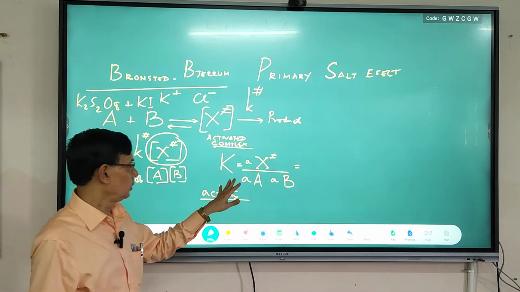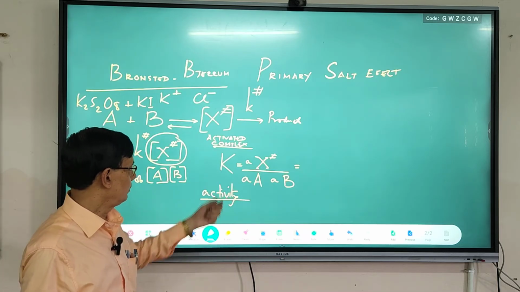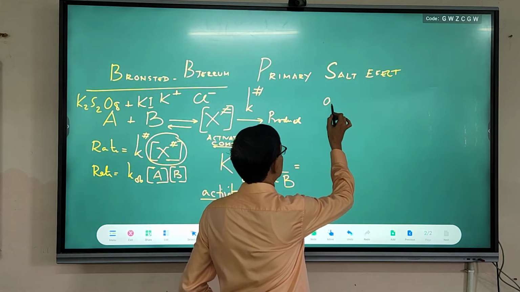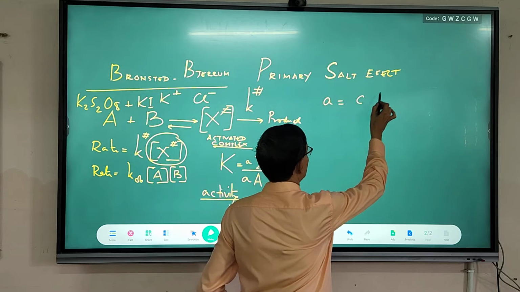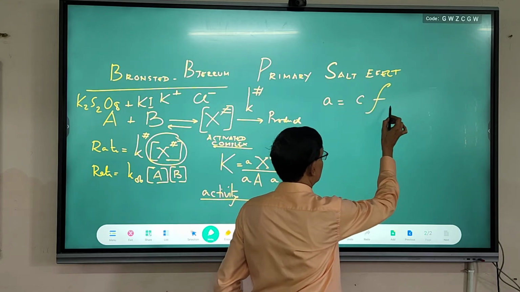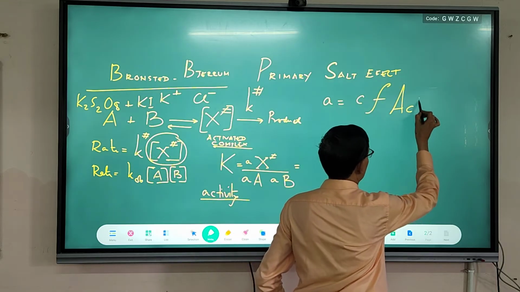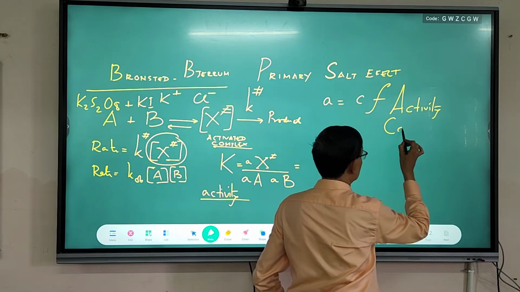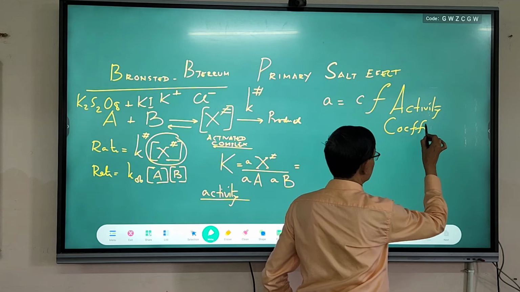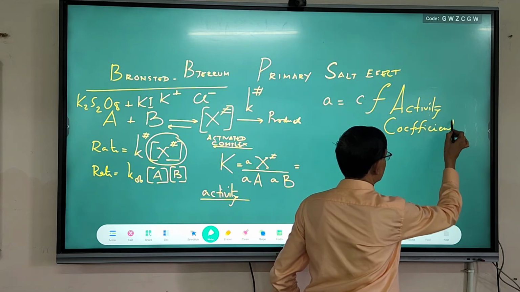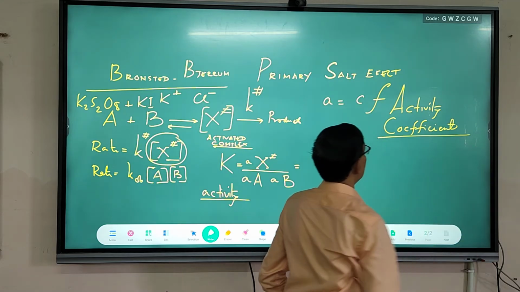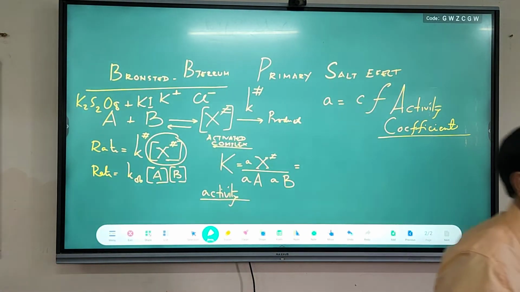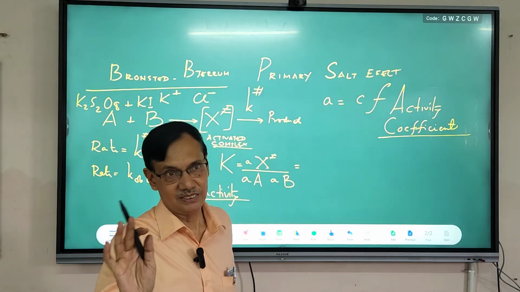Okay. So we can write activity is equal to, as I have already told you, the stoichiometric concentration and the activity coefficient. Now this is very important. Activity coefficient. Therefore, I have brought a book of electrochemistry, although I am just teaching you kinetics.